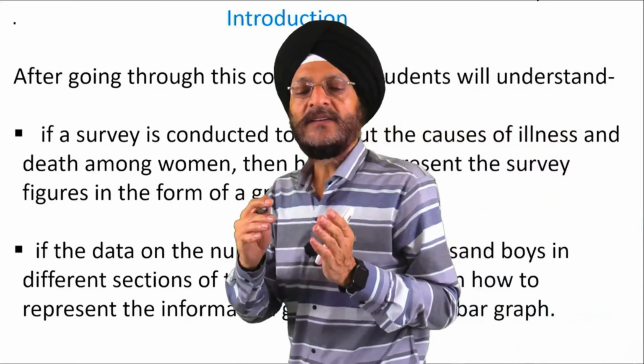Now the question before us is: a survey conducted by an organization for the causes of illness and death among women between the ages 15 to 44 worldwide found the following figures.